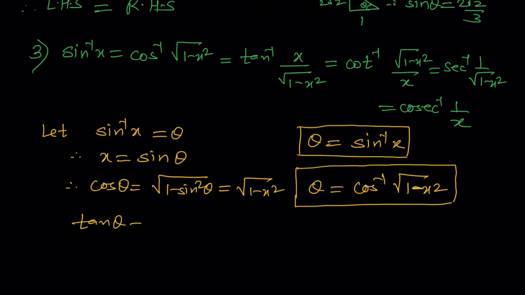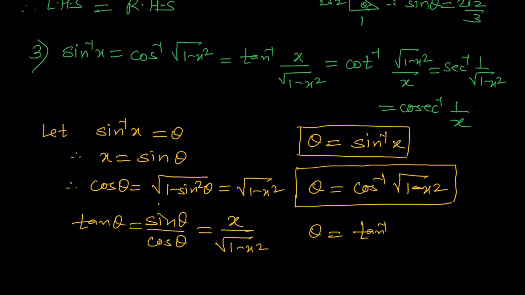Now we know sine theta, we know cos theta. So tan theta is equal to sine theta upon cos theta, sine theta is x, cos theta is root 1 minus x square. Therefore theta is equal to tan inverse of x upon root 1 minus x square.